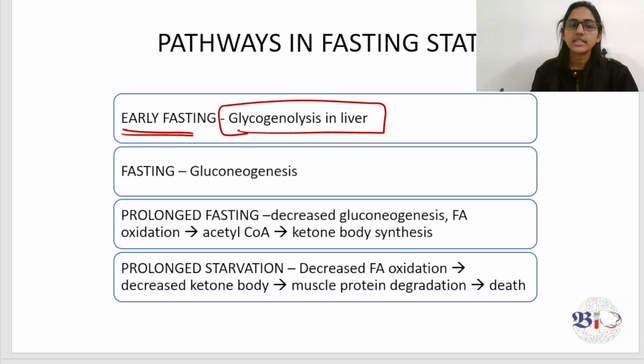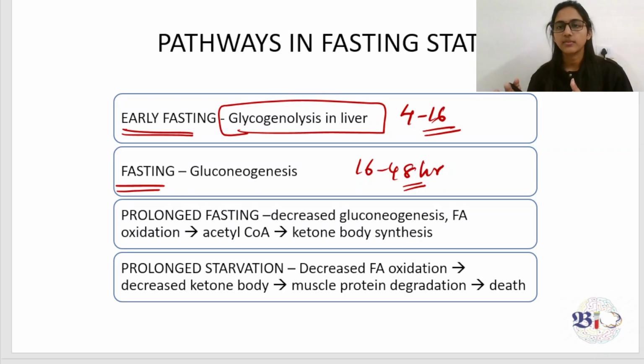All right. What is the time period in early fasting state? It is from 4 to 16 hours after food intake, right? So during this period, liver glycogenolysis is going to be active. Now the fasting state is about 16 to 48 hours post food intake, in which case the gluconeogenesis pathway is going to be active.